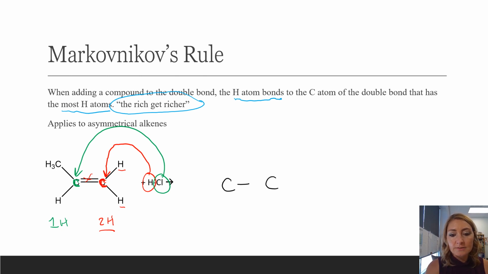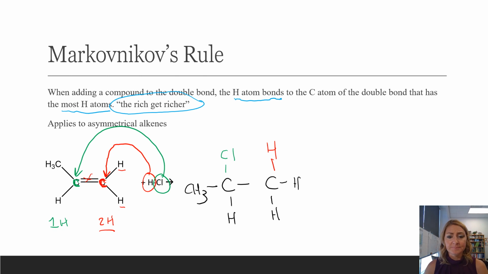Okay, so let's do it this way. We already had this structure. Okay, so we know that we are adding 1 hydrogen to the side that already had a lot of hydrogens, and we're adding the halogen to the side that did not. Okay, so to name this, we're going from an alkene to an alkane.